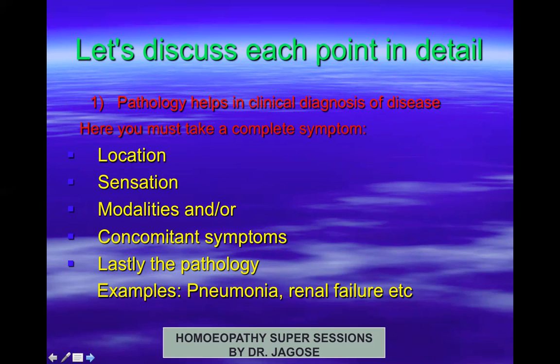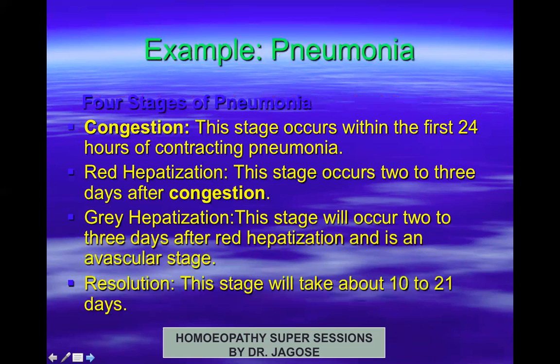So now let us see some examples. Example of pneumonia and renal failure. The homeopathy physician must be conversant with the different stages of pneumonia and what occurs in the stages of pneumonia, the macroscopic structure and the microscopic changes also. So let us see.